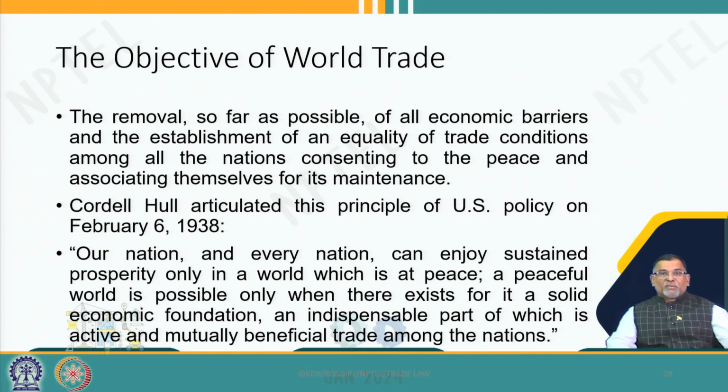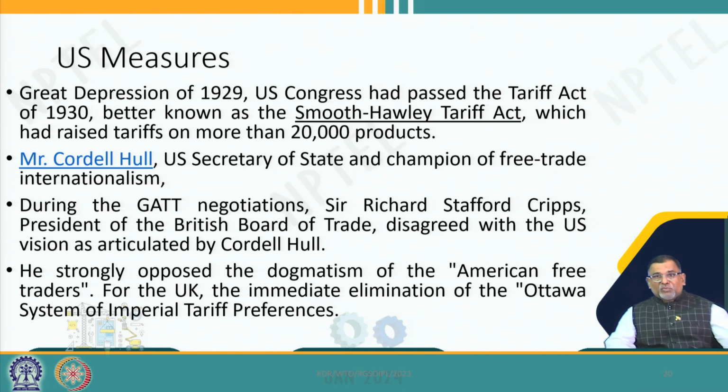This economic position is connected with trade, and again we already said that a lot of restrictions were put in place by countries in the Great Depression of the 1930s.